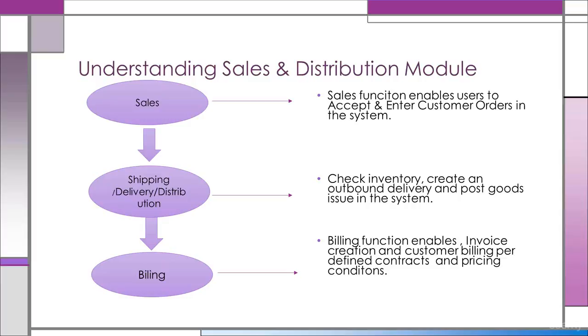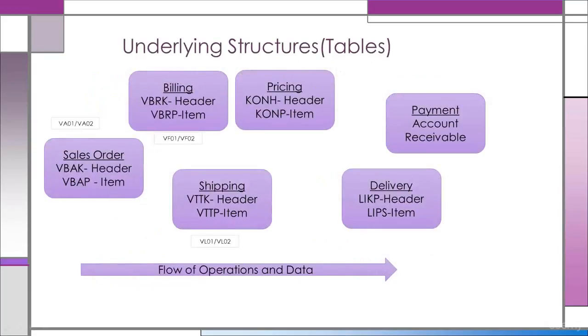Like that, the pricing condition differs from customer to customer. So this is just a simple understanding of the flow of sales and distribution. If you understand this, then we will go to the underlying structures.